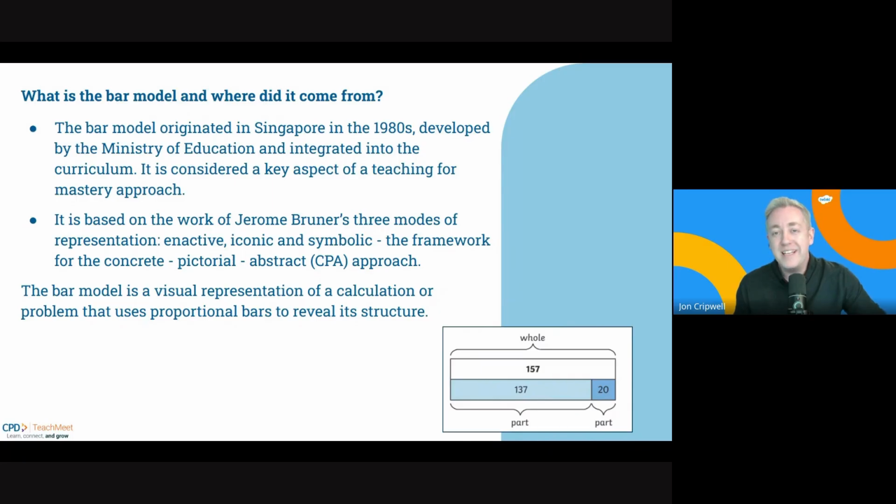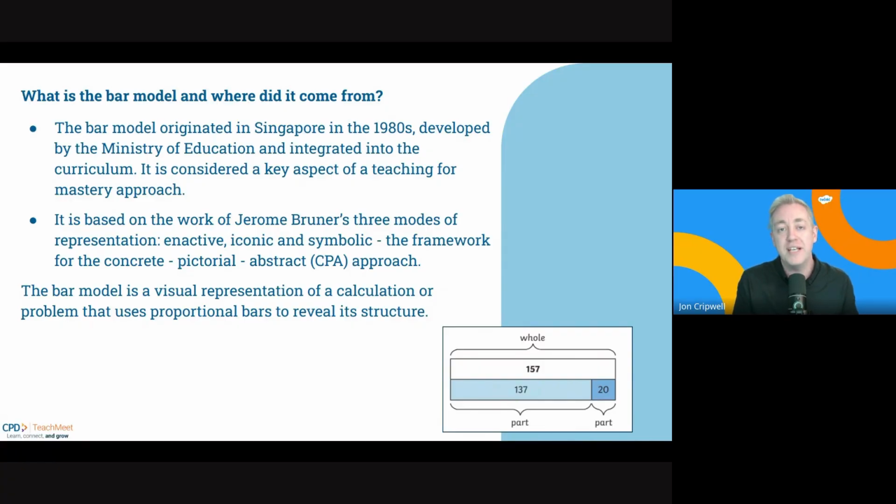But that led basically to the framework of the concrete, pictorial, and abstract approach, where we're encouraging learners to explore with concrete materials, with manipulatives, get hands-on, really see for themselves and get a feel literally for how the maths works, and then moving to a pictorial approach, a pictorial representation perhaps of those concrete materials. And those pictorial representations also have a progression within them and become more abstract as we move through them.